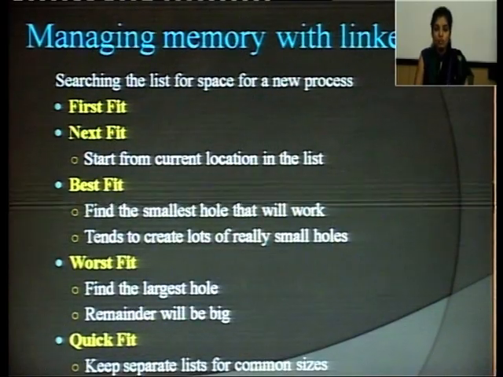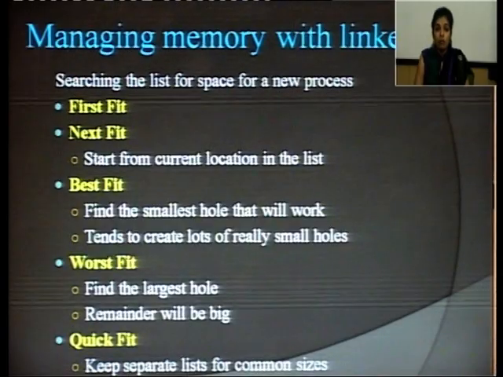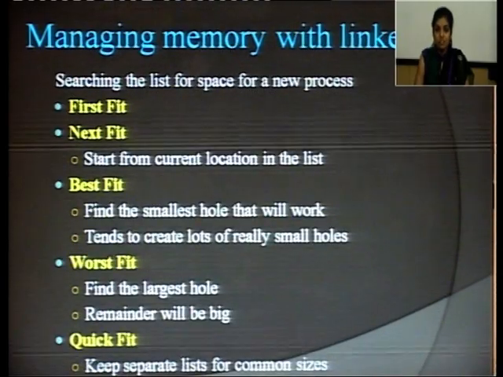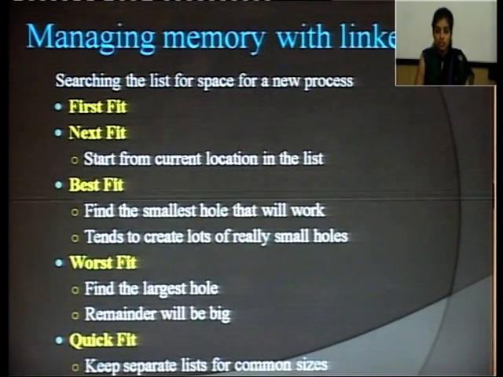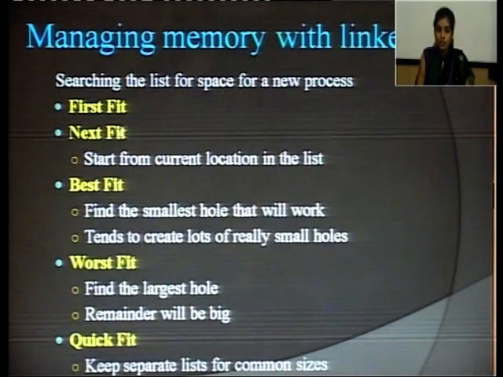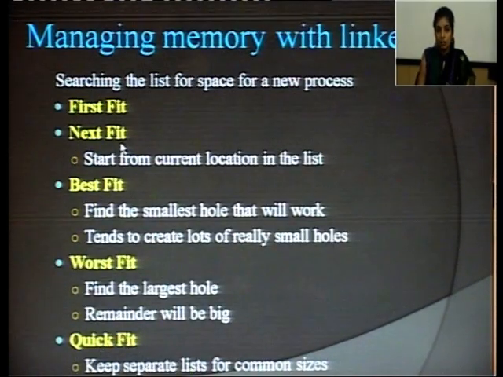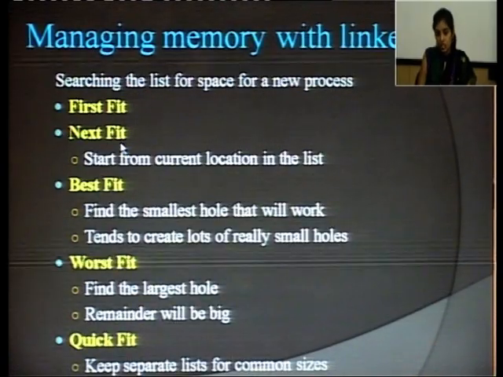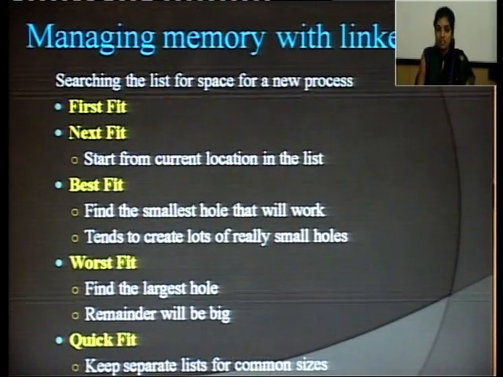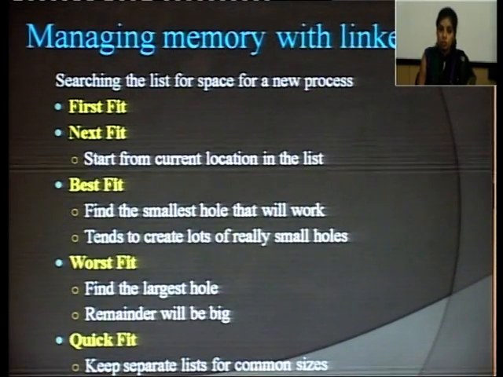For managing memory with a linked list, we have a number of searching processes, like searching the list for space for a new process. We have a number of algorithms: first fit, next fit, best fit, worst fit, quick fit. According to these methods, we search for new space for a new process.